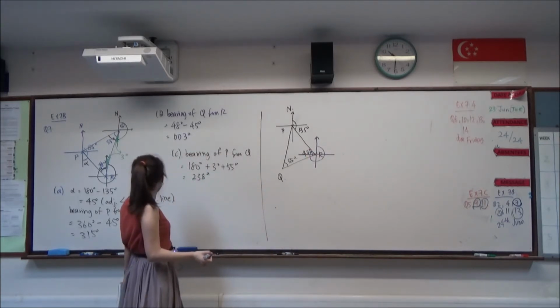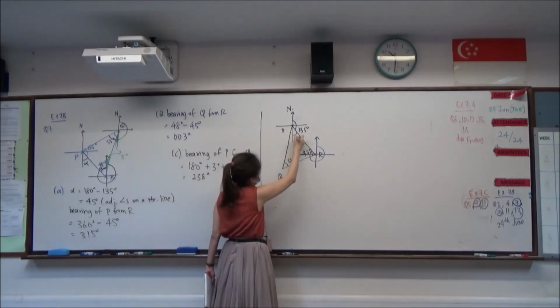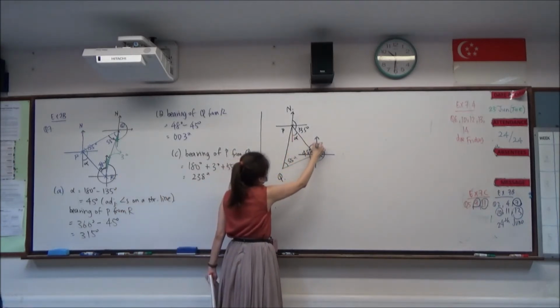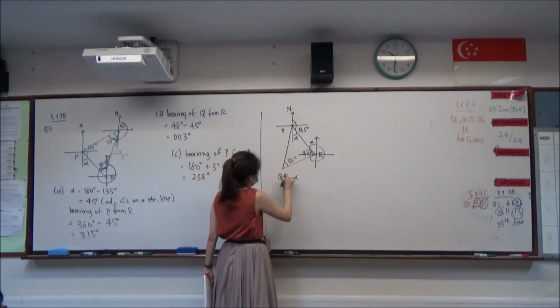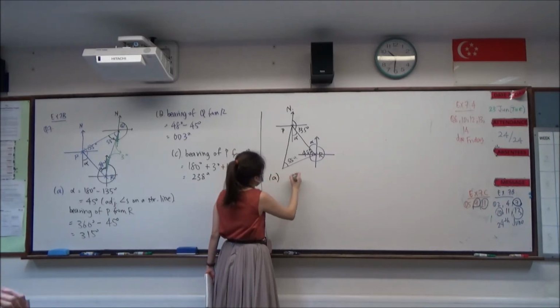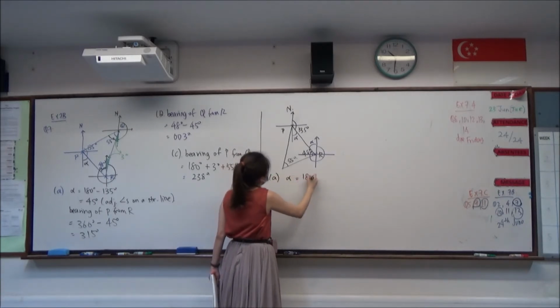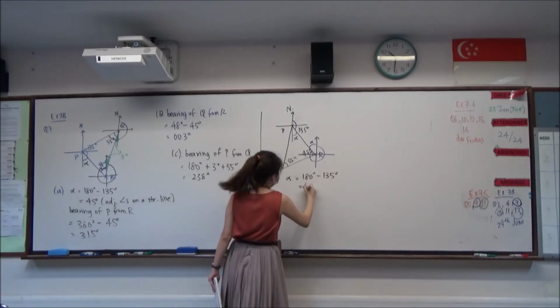Okay, so it still remains as the same way of finding, where I can find out what is this angle alpha, alternate angle to here, alpha. So alpha is equals to 180 minus 135 degrees, and we get 45 degrees.